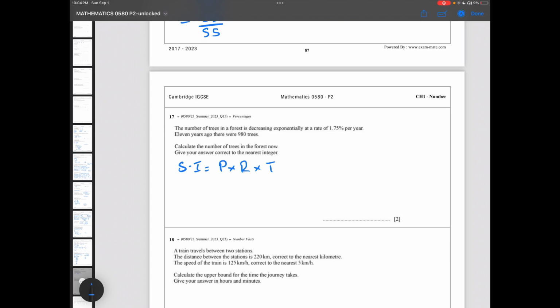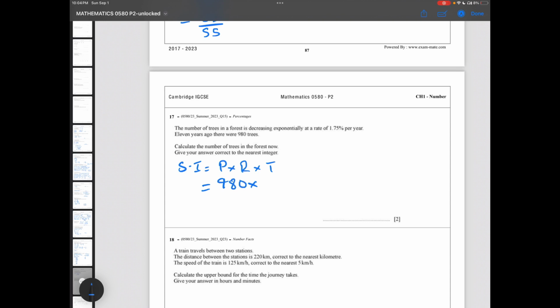So the rate is 1.75, and 11 years ago there were 980 trees. We have to calculate the number of trees now. Okay, so we can calculate the interest over here, right? Our principal amount 11 years ago, the number of trees, was 980.